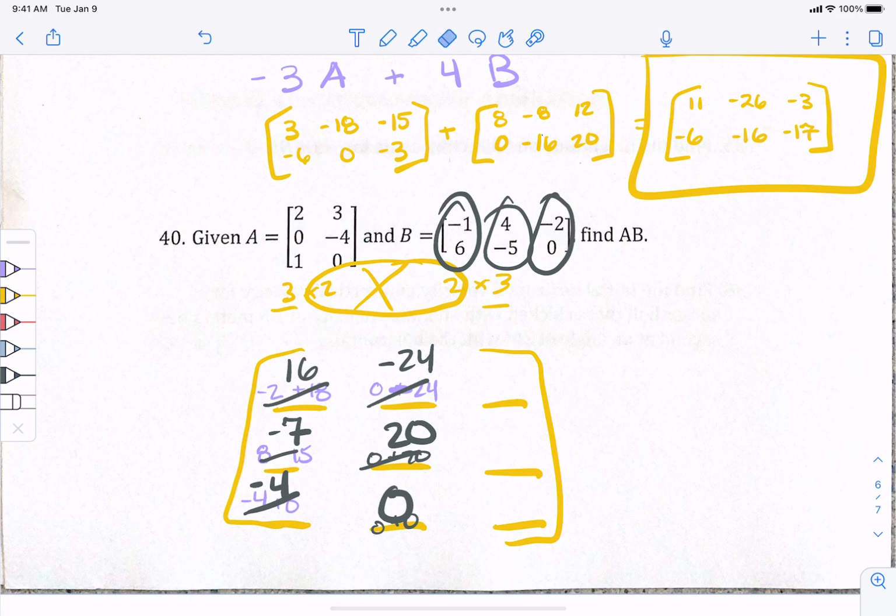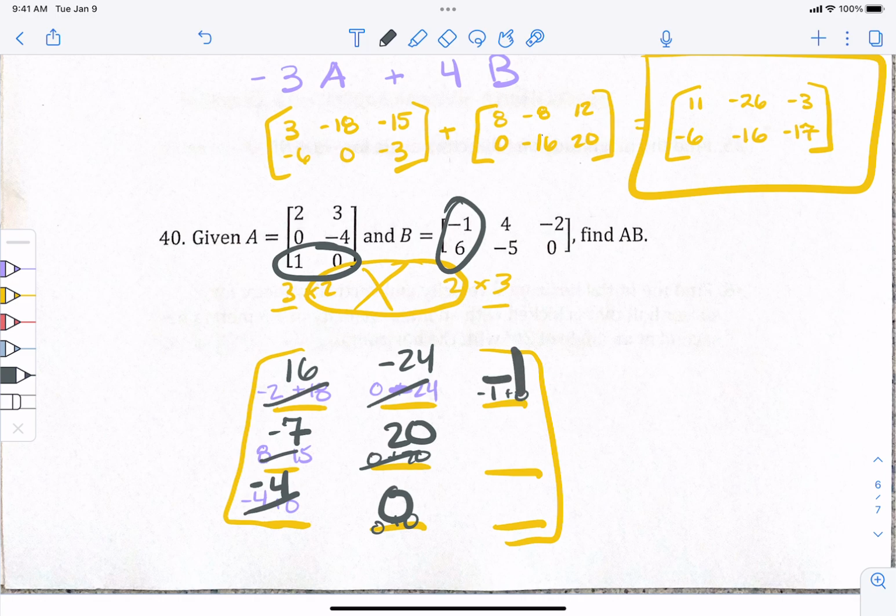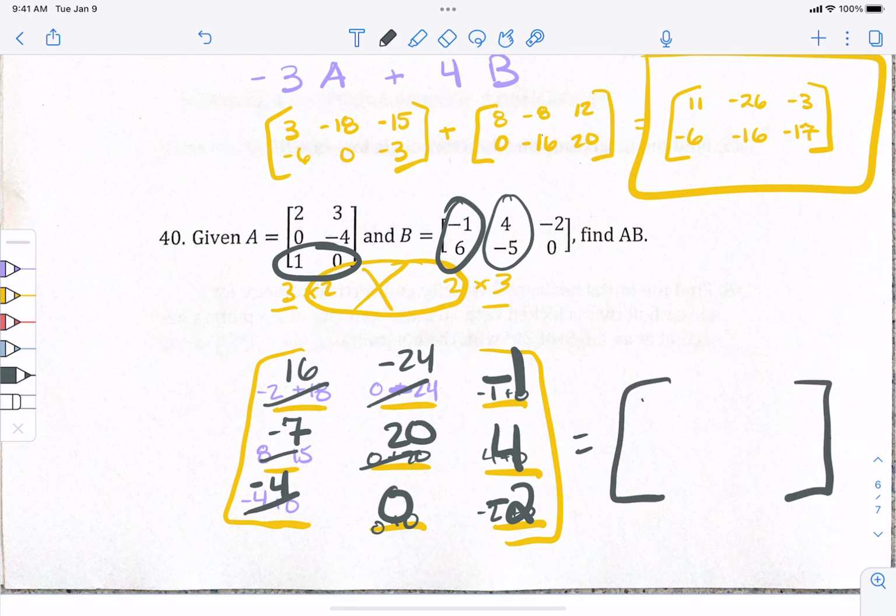Last row. Negative 1 plus 0 is negative 1. 4 plus 0 is 4. Negative 2 plus 0 is negative 2. So that's what I get as an answer.